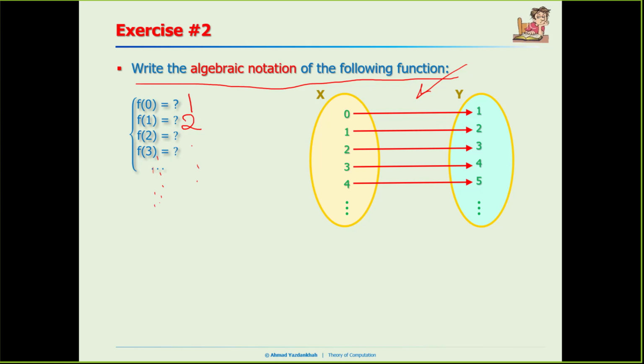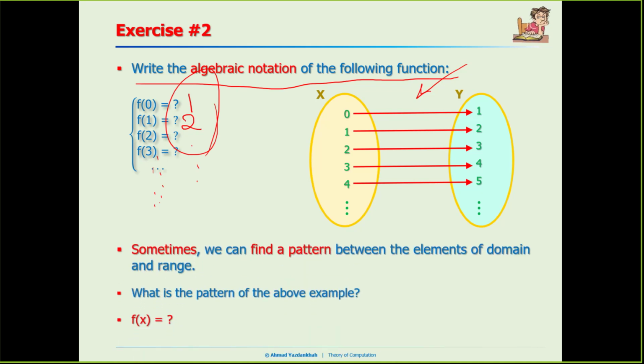And since there is a pattern here, you can say, okay, f of x equals x plus 1. You see? This kind of function that we are very familiar with in calculus is a very small portion of functions where there is a pattern that we can use to create an equation. But in general, it's not the case.